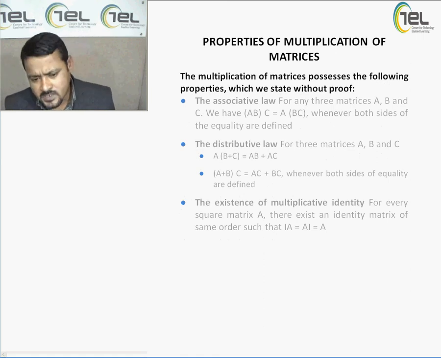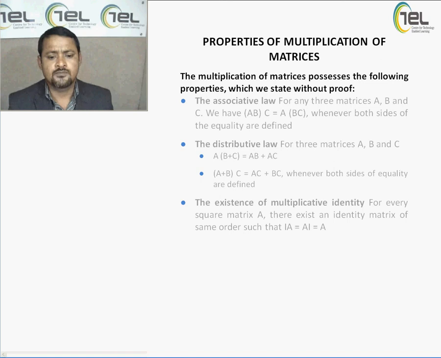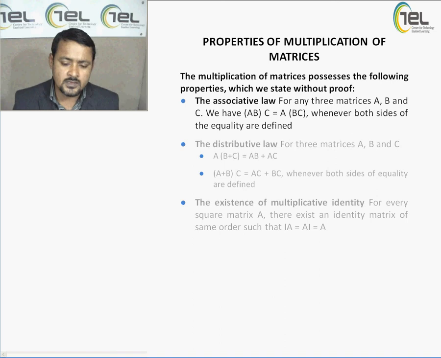Now we have seen a little bit of the multiplicative theorem. We should be in a position to understand the multiplicative properties of the matrices. First of all, we're going to discuss and understand the associative law. We have already done that for the matrices of the additive law.